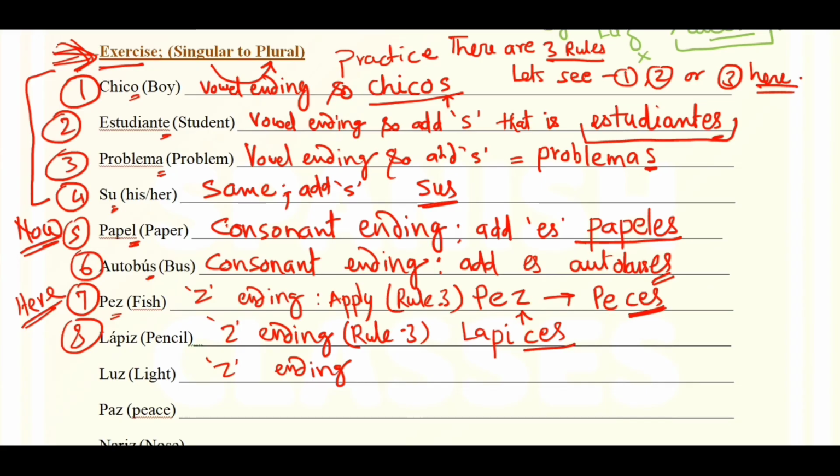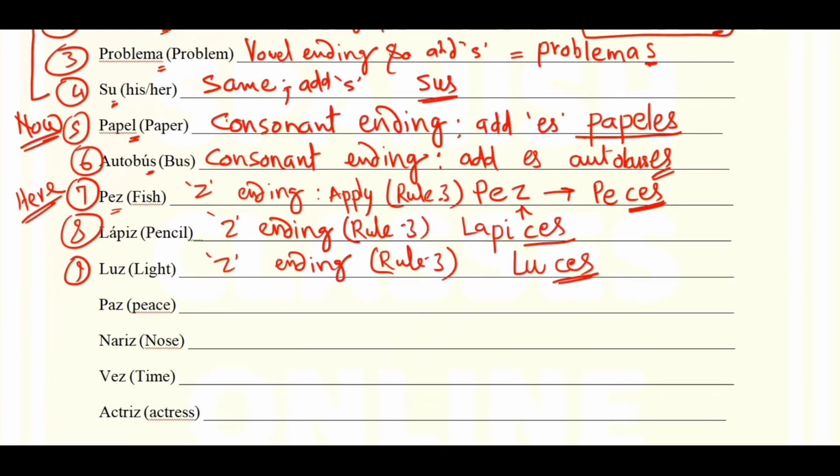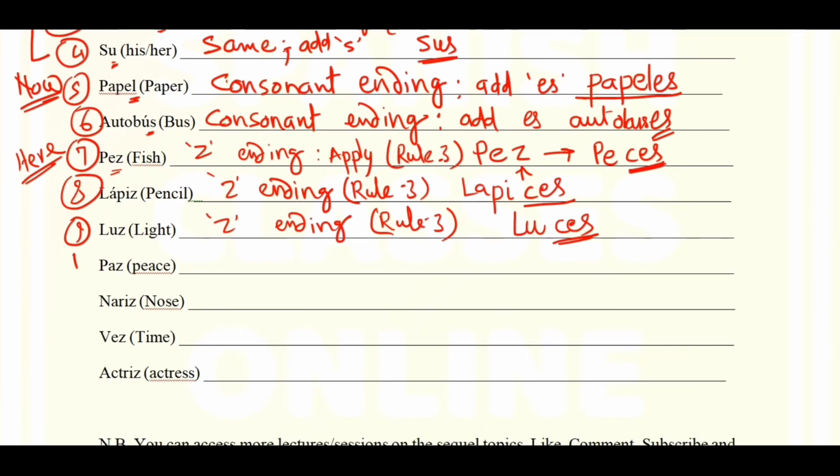Next, luz. Z ending. Apply rule number 3. What is rule number 3? Drop z and add ces. Luces, plural. Next, again z ending. We have to drop z. Rule number 3 will be applicable here again.